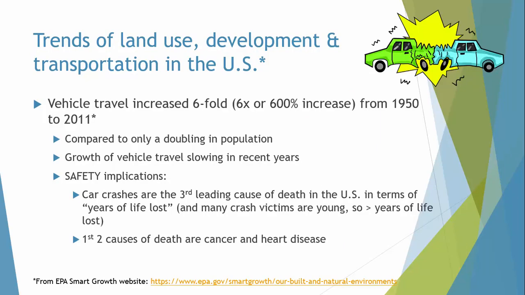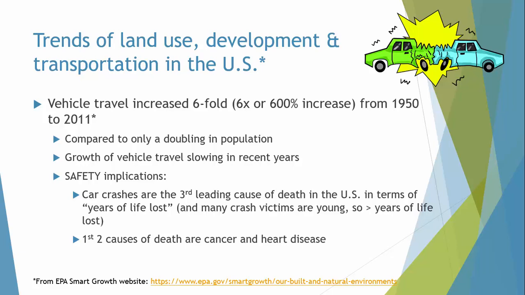Another issue associated with urban sprawl is the fact that we're driving farther. So vehicle travel has increased sixfold, or 6 times, the distances and the amount of travel from the years 1950 to 2011. And this is all data that comes from the EPA, from their Smart Growth website.